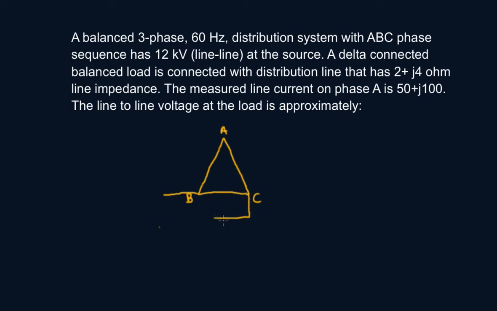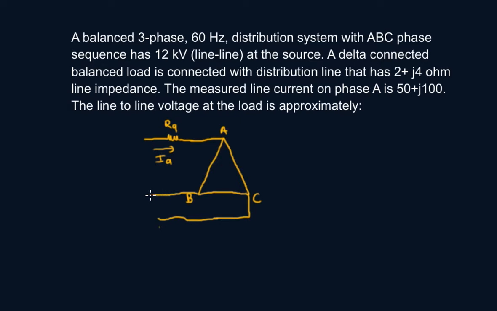Right, it's a balanced three-phase. So let's draw the circuit. Excuse my drawing, it's a little shaky. We have been given a line impedance, so let's call that RA. We are also given a line current on phase A, so let's call that IA.